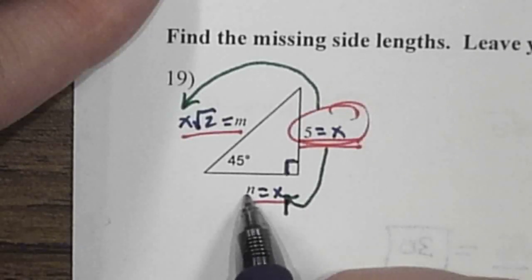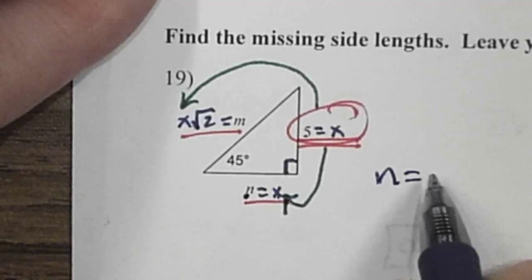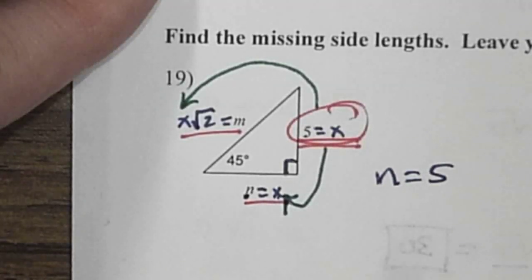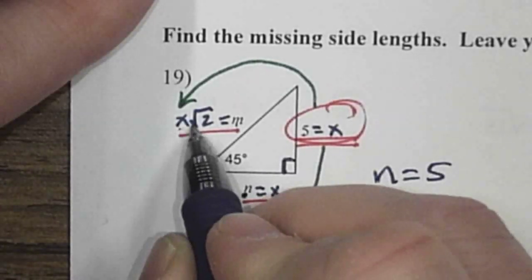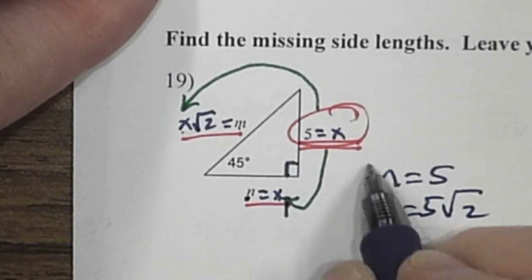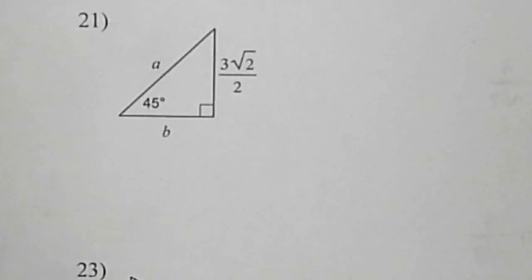If I plug it in down here, n in my problem equals x, but x is 5. So that means n is 5. Put the 5 here, m equals 5 times square root of 2. We're done. That's too easy.